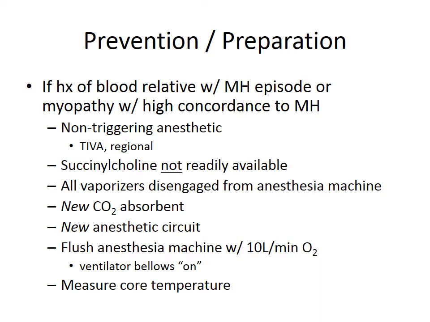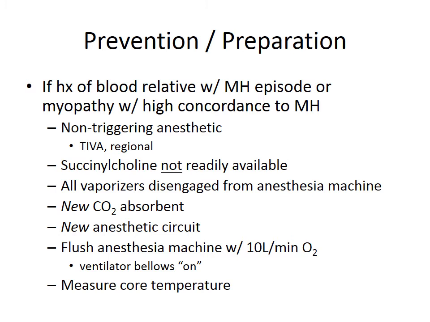and then to flush the anesthesia machine with 10 liters of oxygen so as to get all of the remnant inhalational agents out. And it's important that you do that not with just the flows at high volumes, but also to turn the ventilator on so that the bellows are working. Also replace the CO2 absorbent canister and use a fresh circuit.